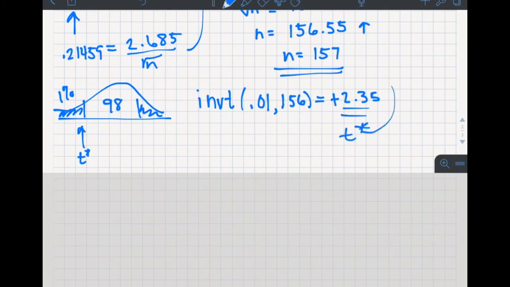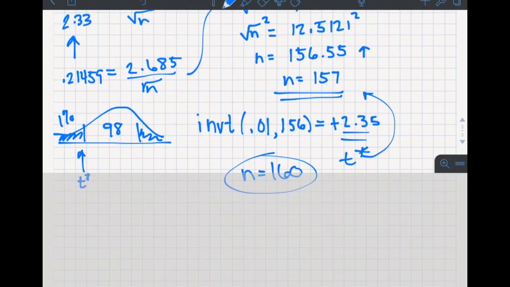If you do that, you should end up with 160, which would be a good exercise for you. Can you go back in, redo this problem using a different t star, and see if you can come out with the same answer I did of 160.